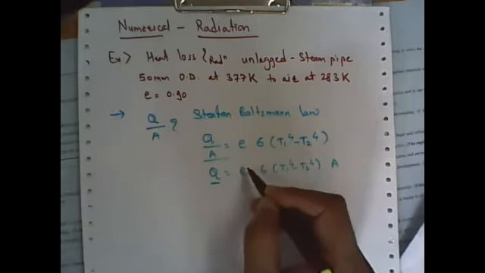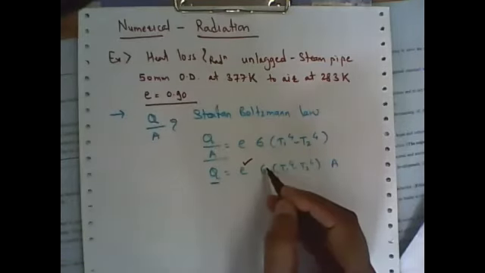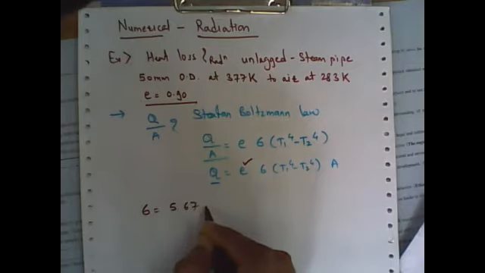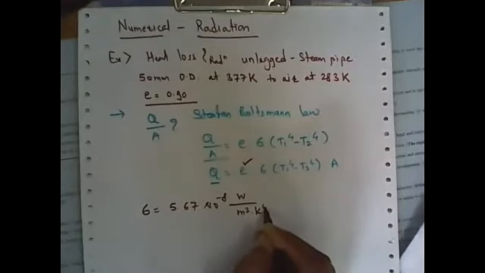Now this emissivity is given, that is 0.90. This sigma we must know the value of, that is 5.67 into 10 raised to minus 8 watt per meter square Kelvin raised to 4.